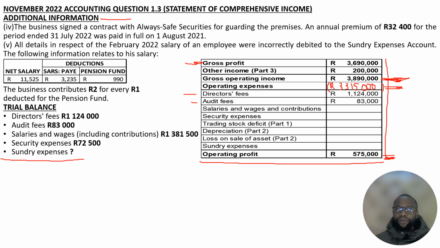We took this gross operating income and deducted this operating profit, and then we have 3,315,000. Let us prove it: if we take 3,890,000 and less 3,315,000, it gives us this 575,000.